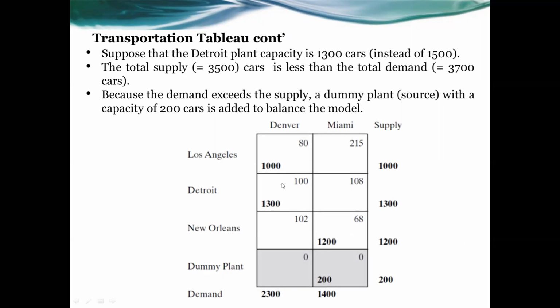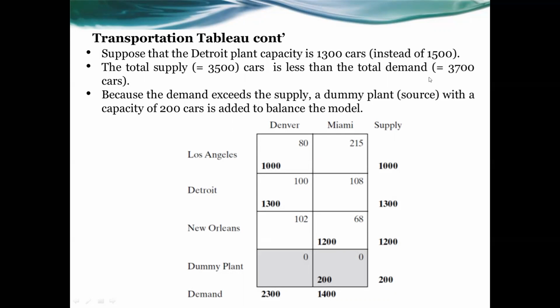Now you can see the same example here. Don't worry about the middle figures right now. Here you have supply from Los Angeles 1,000, from Detroit 1,300, New Orleans 1,200, and the demand has not changed: 2,300 and 1,400. On the supply side it is only 3,500, but the demand side is 3,700.